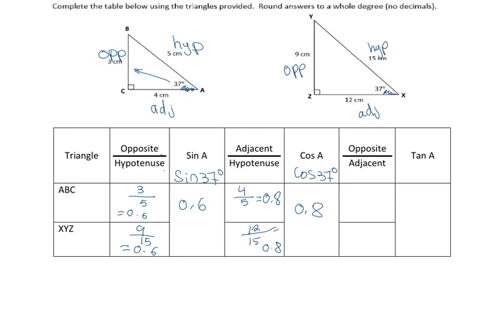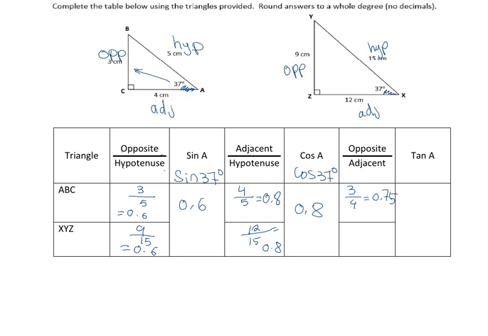Now we're going to do the opposite over the adjacent. What do you get? My opposite for triangle ABC is 3, and my adjacent is 4. So that's 0.75.